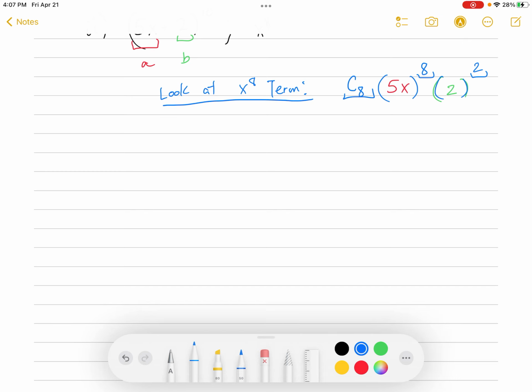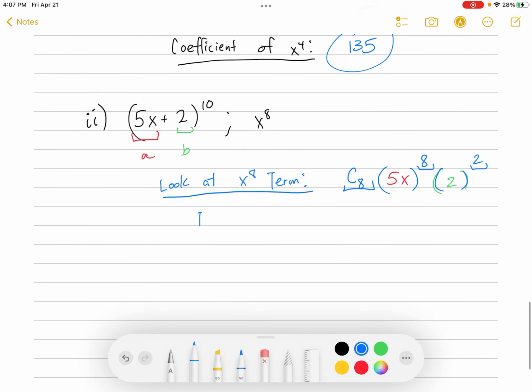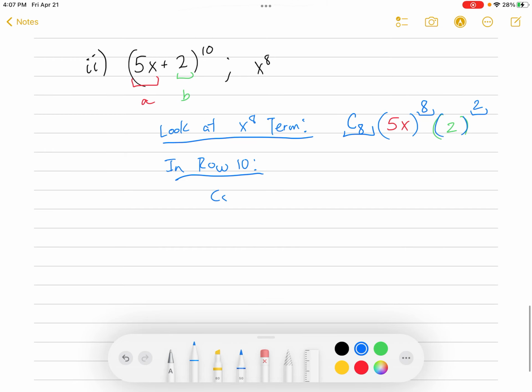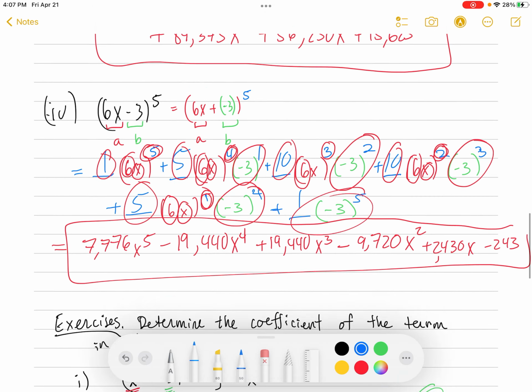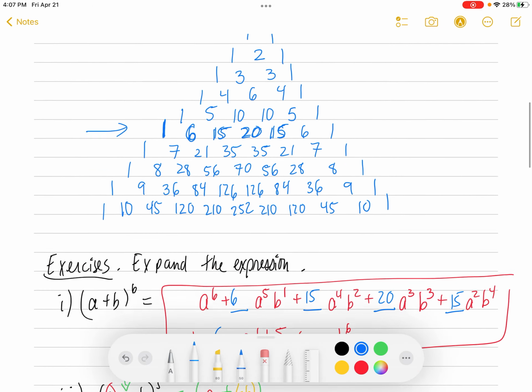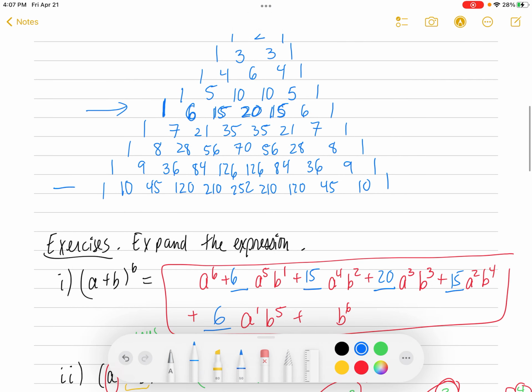That means I'm going to have C sub 8 as my binomial coefficient. So let's simplify this. We're looking in row 10, for C8. Here's row 10.